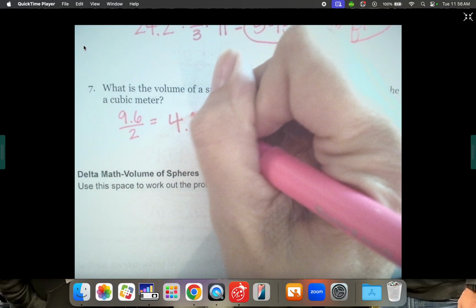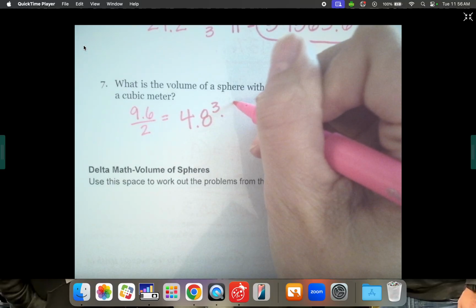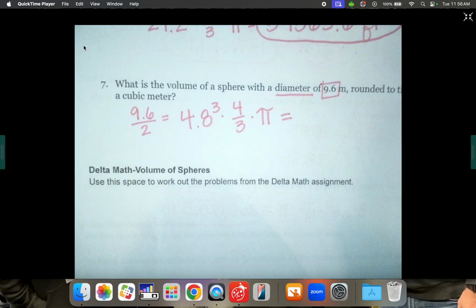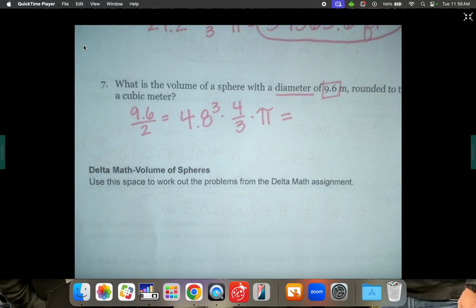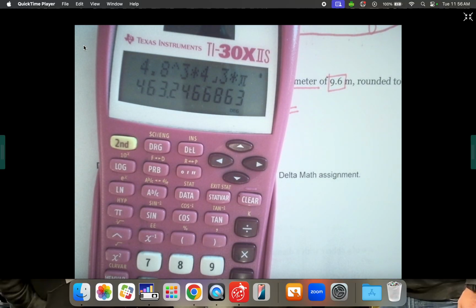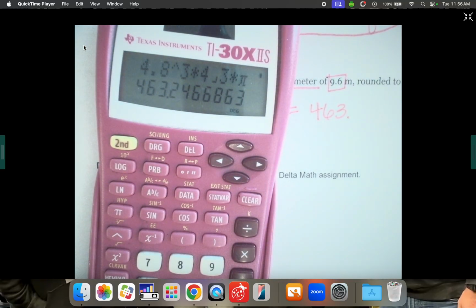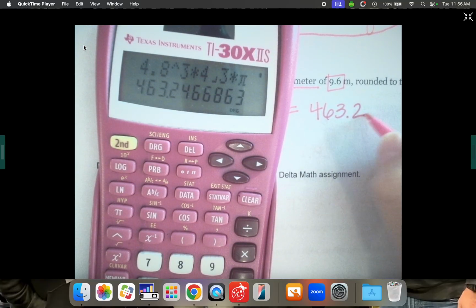So we're going to take 4.8, cube it, multiply by 4/3 and by pi, and see what big answer this is. 4.8 to the power of 3 times 4/3 times pi button equals 463.2. The 4 after the 2 does not bump it up.